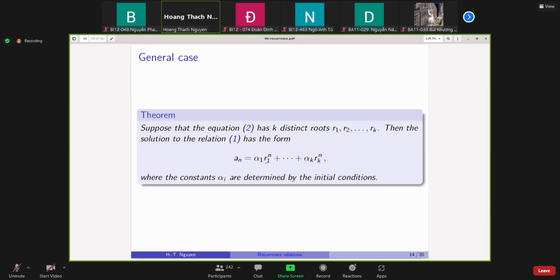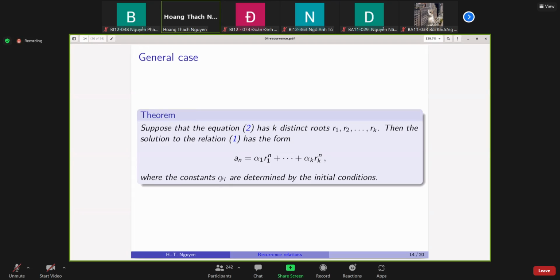In other words, it is a linear combination of Ri to the power n, where the Ri's are the roots of the characteristic equation. So if the characteristic equation has different roots, then everything is okay. So it is easy.